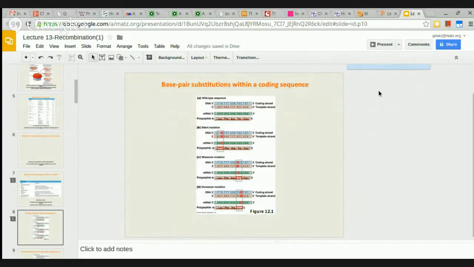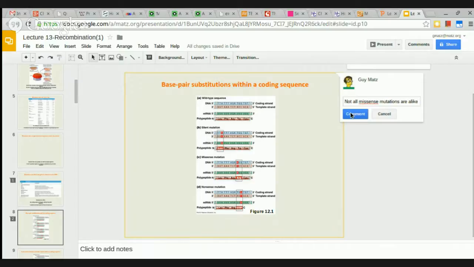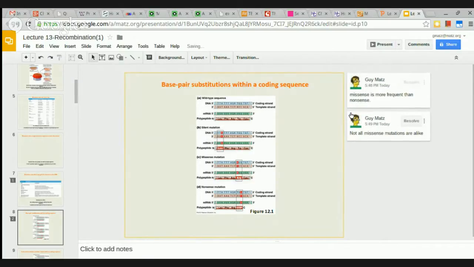But if you change the leucine to an aspartate, you're introducing a charge, and that's going to be a mutation that has a grave consequence on the protein. And so, genetically speaking, all missenses are not alike. And same thing for nonsense mutations. You may well imagine if you have a nonsense mutation that truncates the last 5 amino acids, that might not be as deleterious as a nonsense mutation in the first half of the protein, truncating the rest.